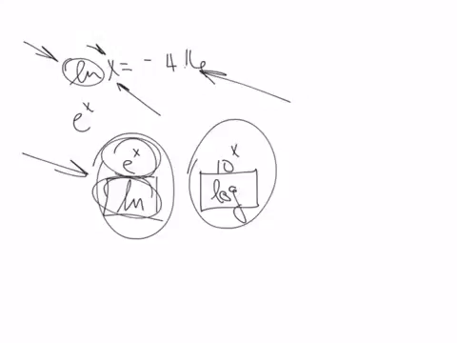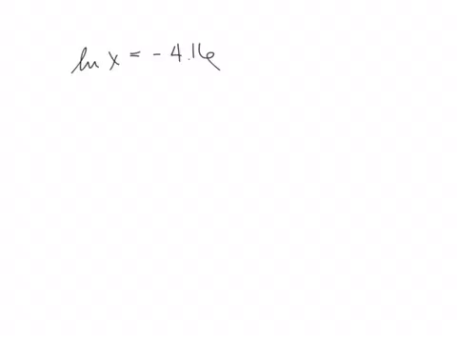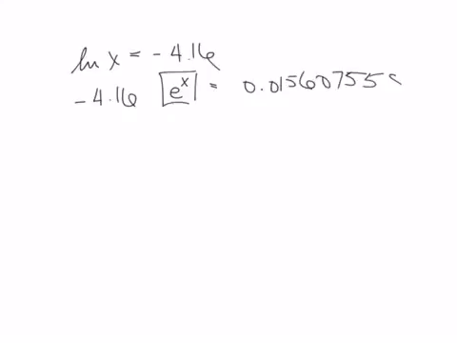So you are going to do it this way. Let's get rid of this. So you're going to go negative 4.16, and you're going to hit the e to the x key. And when you do that, you're going to get 0.015607558.